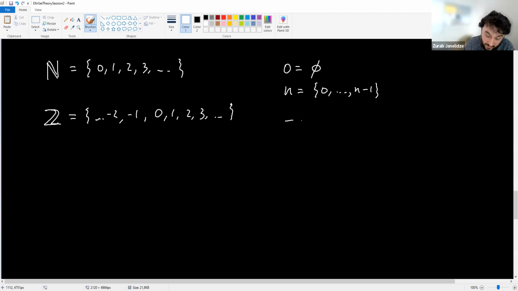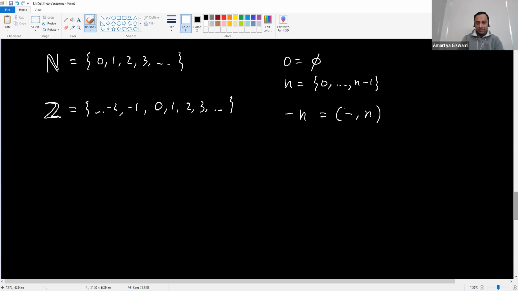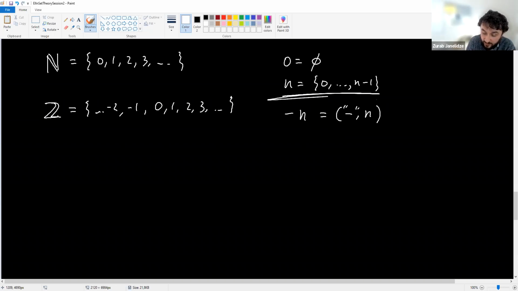We can think of the number -n as the ordered pair of some symbol, which we call minus, and this could just be the empty set as well, comma n. The symbol is seen as a set, so you just pick any set that you like, you put it here, and then you form the ordered pair, and that's how we can formalize -n as a set, if n is formalized this way.